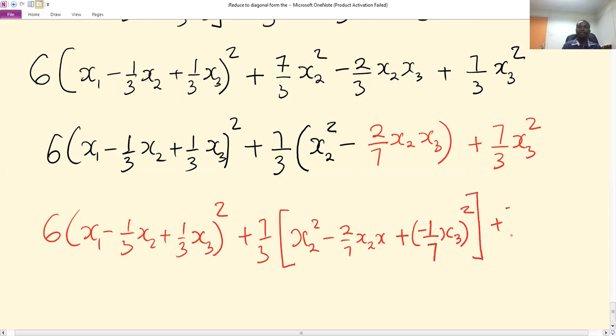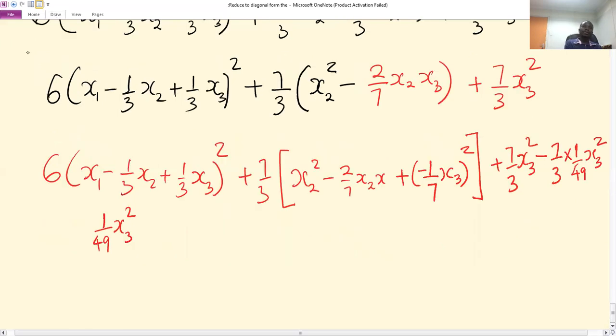Then here we have 7/3 x3 squared. But because I've added a foreign term, minus 1/7 x3 squared, which is 1/49 x3 squared, times 7/3, I have to subtract it so that I don't change the meaning of the original expression.